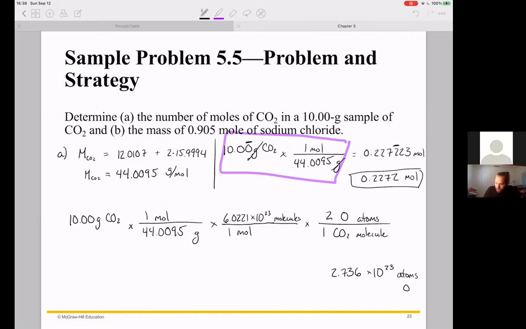Okay, so this conversion factor right here is another one that we're adding on. I think it's not too terribly hard to see how one molecule of CO2 contains 2 oxygen atoms. A little bit weirder or more difficult way to say this, if I had wanted to keep this in moles, I could have likewise said that there were 2 moles of oxygen in 1 mole of CO2.